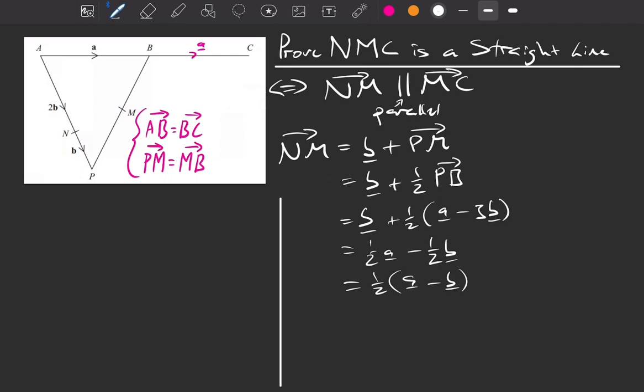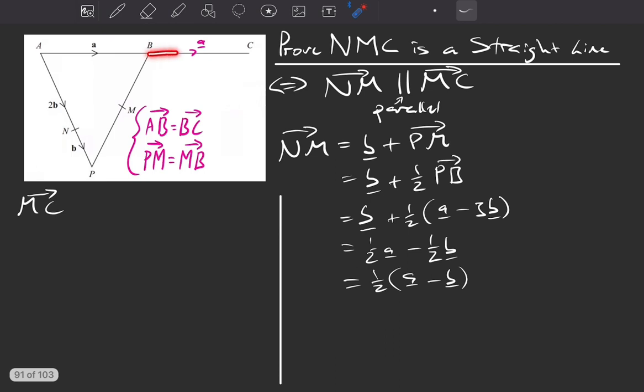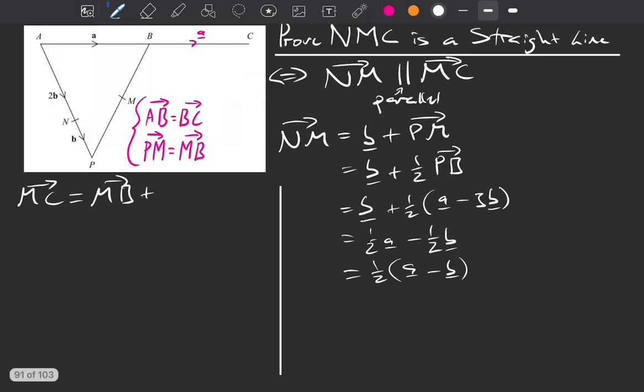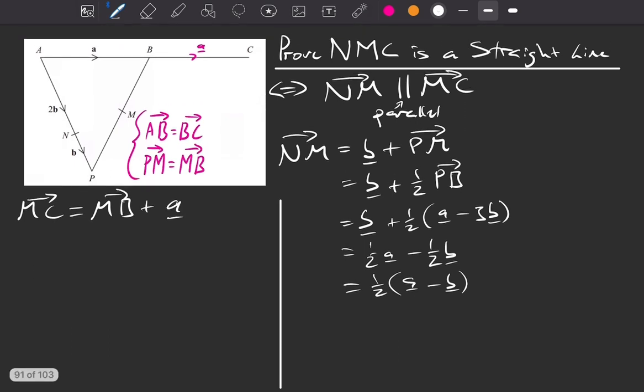Second section then. We now want to find MC. So this little part, just going from M to C. So we can see how we're going to get there. We're going to go to B, and then we're going to go from B to C. So MC is going to be M to B plus B to C, which we can see straight away is just A that we've put down there.